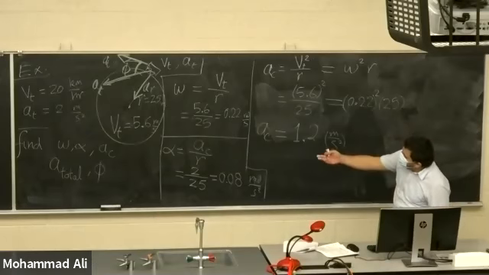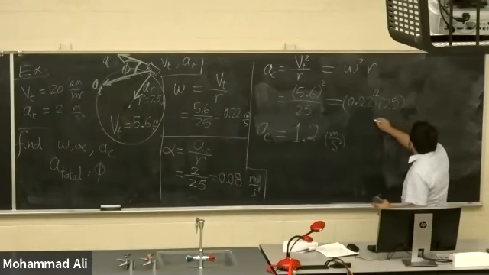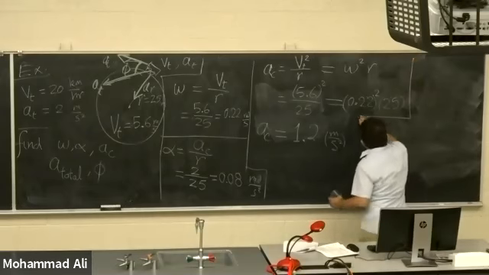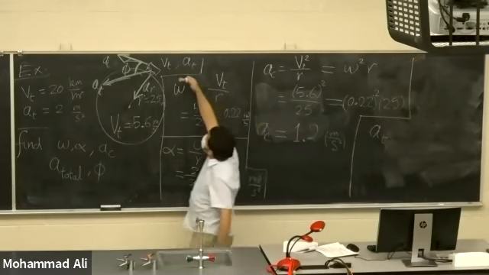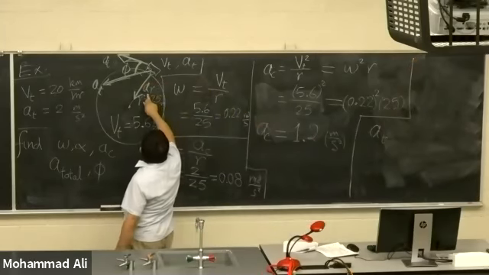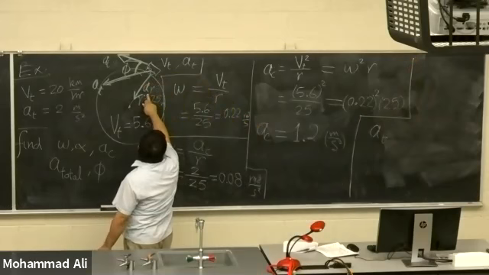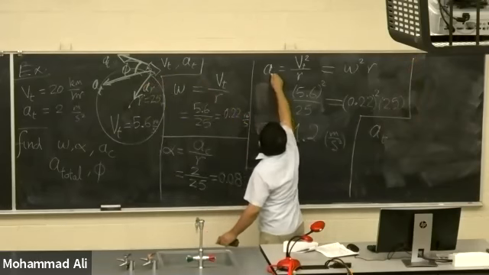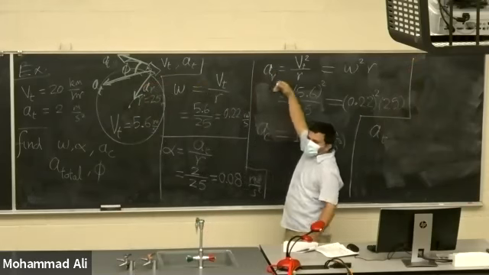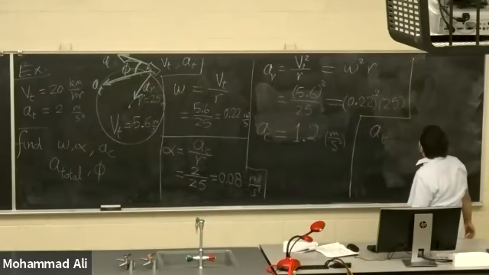Now we need to find A total. We find A radial, which is AC, A centripetal.